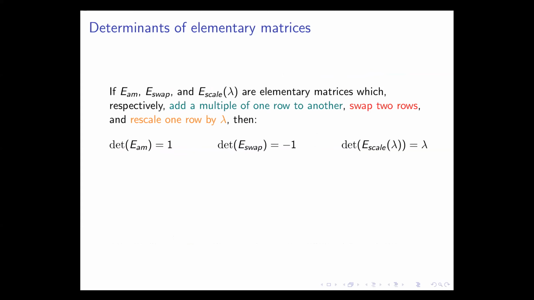So now let's have matrices E add, E swap, and E scale of lambda, elementary matrices, which are obtained by adding a multiple of one row to another, swapping two rows, and rescaling one row by lambda.